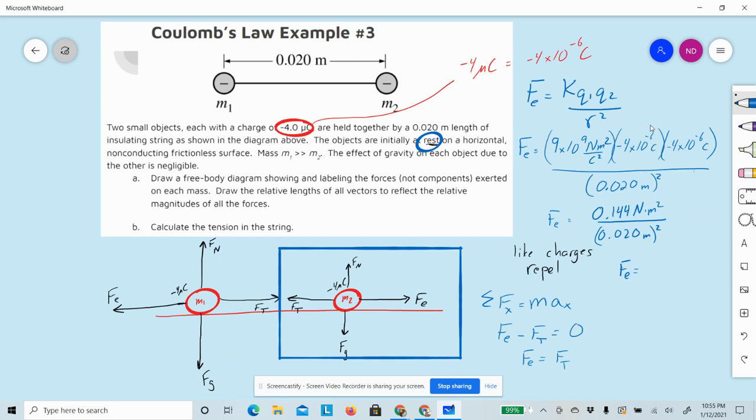Divide those things by each other. 0.144 divided by 0.020 squared gives us 360, I believe. Double check my math. Yeah, 360 is right. 360 newtons. And if the electrostatic force is 360 newtons, then the tension in the rope is 360 newtons.